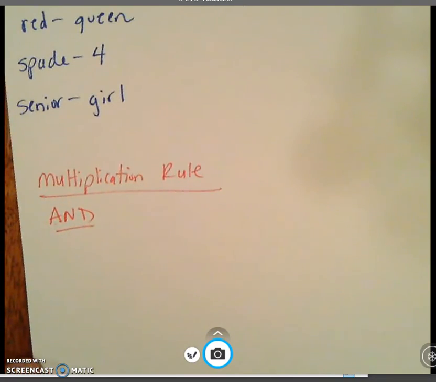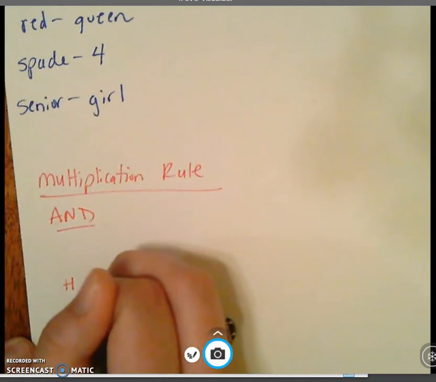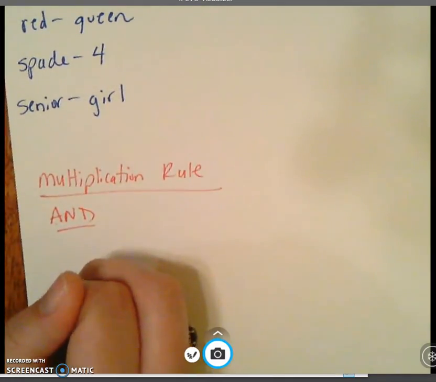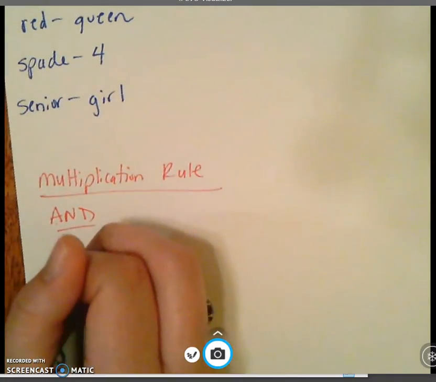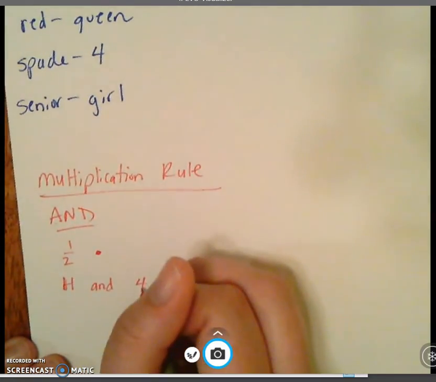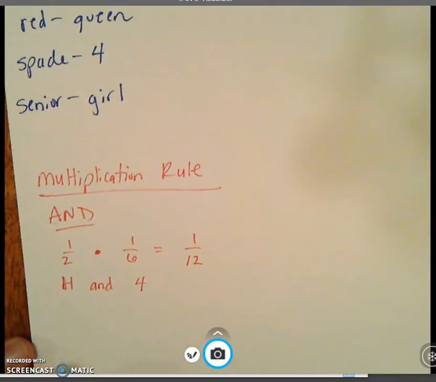So for example, if I am going to flip a coin and roll a die, if I want to get a head and a 4, so head on the coin, 4 on the die, I have a 1/2 chance of getting a head. And is our multiplication rule, so I'm going to multiply. And to get a 4 on a die is 1 out of 6, so I have a 1 in 12 chance of getting a head and a 4.